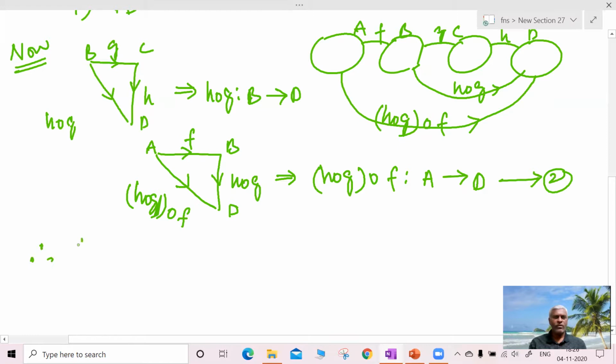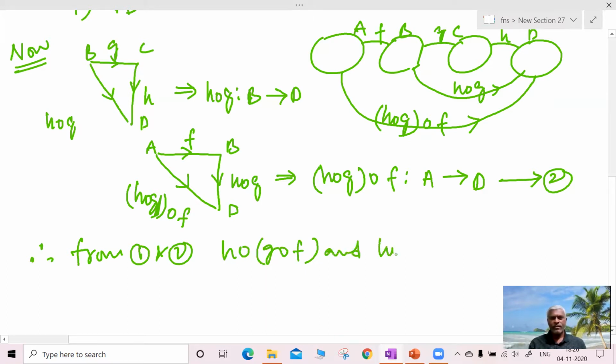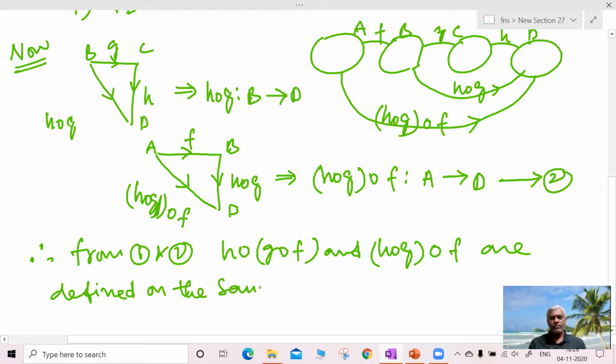Now from 1 and 2, both H circle, G circle F and H circle G, circle F are defined on the same domain, that is A. The domains of both are the same, equal.